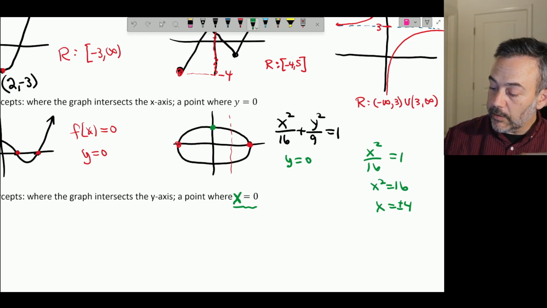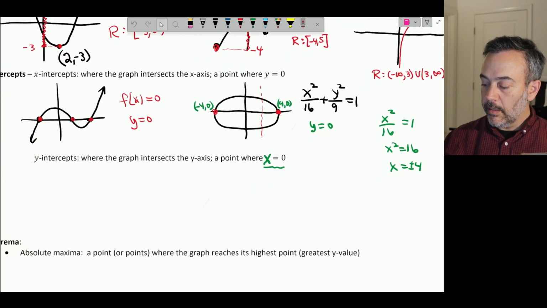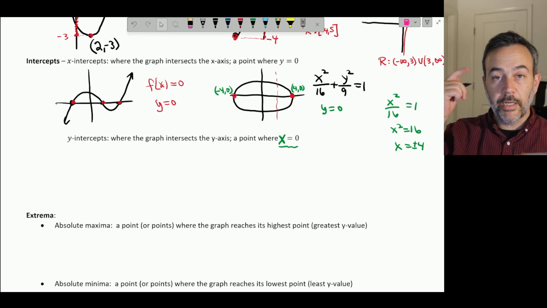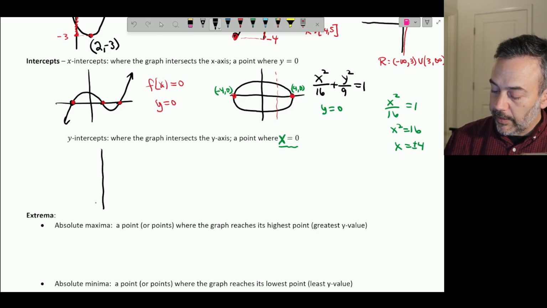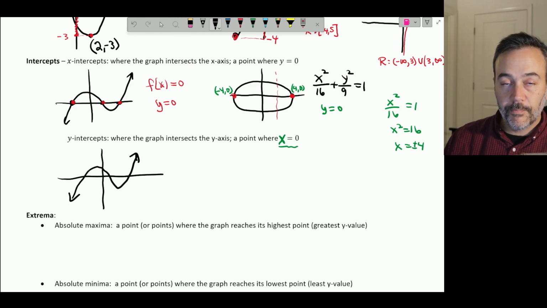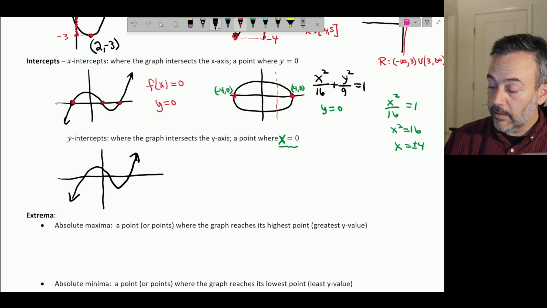So the coordinates of these points would be (4, 0) and (-4, 0). So those are the 2 x-intercepts. To find an x-intercept, plug in y equals 0. To find a y-intercept, plug in x equals 0. And for functions, it's great. For y-intercepts, there can only be one if it's a function, because the y-axis is a vertical line, and a function passes the vertical line test.